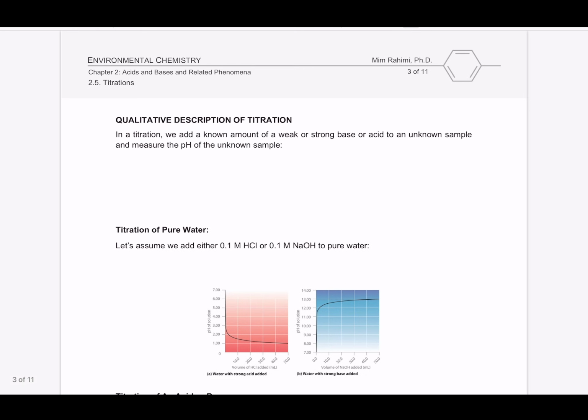So, a qualitative description of titration. As I mentioned, we have basically two things. One is the known. Let's say we have a vial or a pipette with, let's call this known, for example, 2 molar HCl, something that we know what it is and what the concentration is.